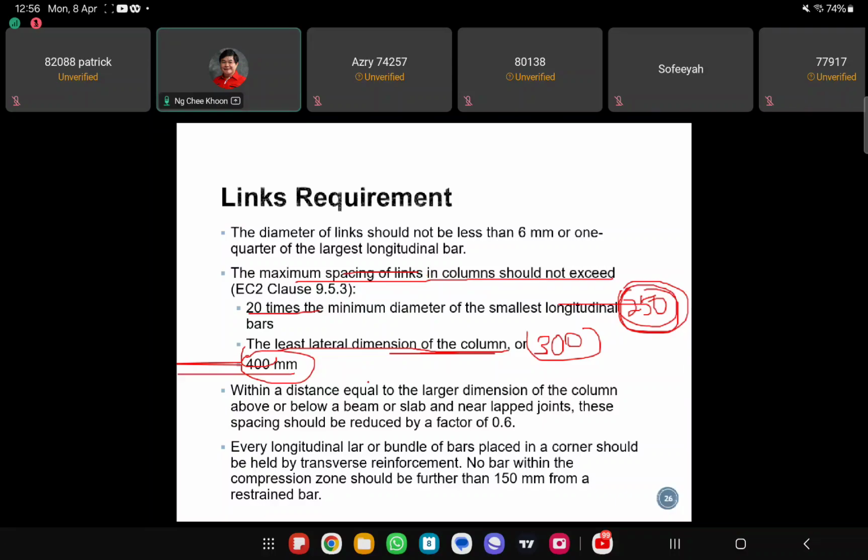And then within the distance equal to the larger dimension of the column above or below a beam or slab and near lap joints, this spacing should be reduced by a factor of 0.6.